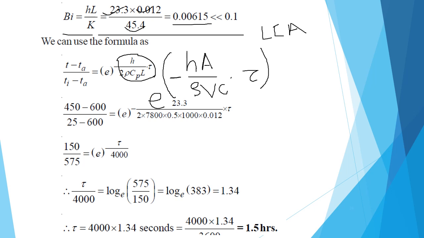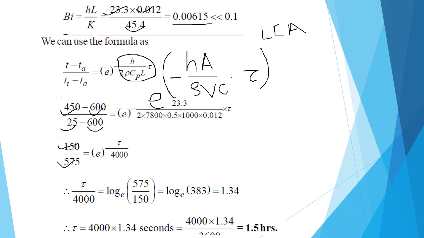Put all the values: 450 minus 600 divided by 25 minus 600 equals e raised to minus hA divided by rho V c into tau. Put all the values, so that is 150 divided by 575 equals e raised to minus tau divided by 4000.